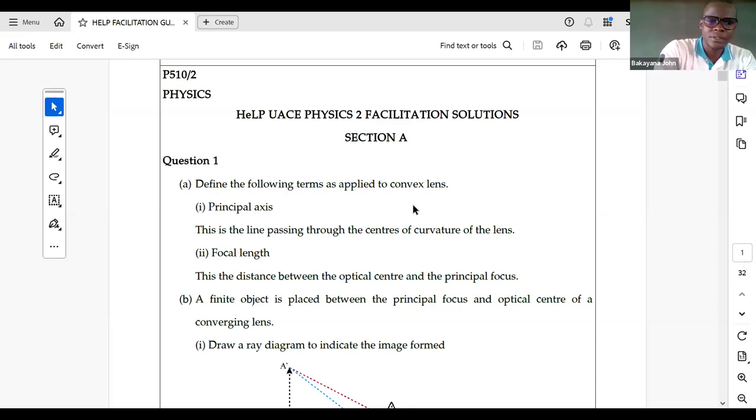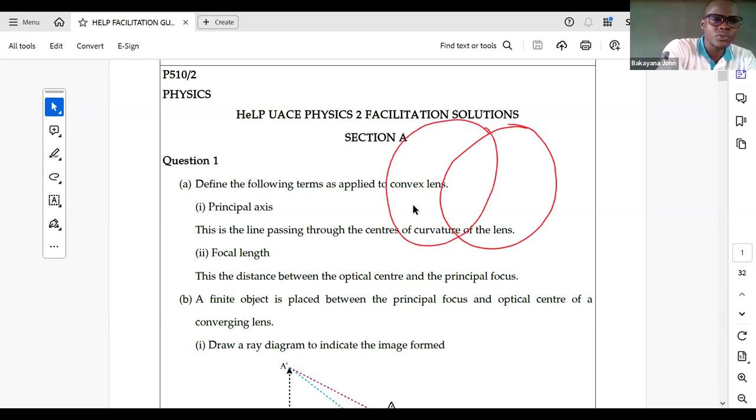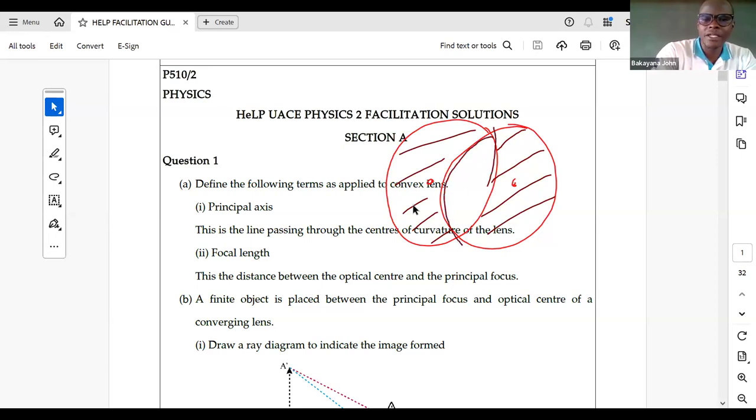So if I'm to draw something, let me see. What I'm trying to talk about is this. Of course, each circle has a center. These are glass materials that if I get rid of a part and also this part, what I remain with is simply a shape of that nature.